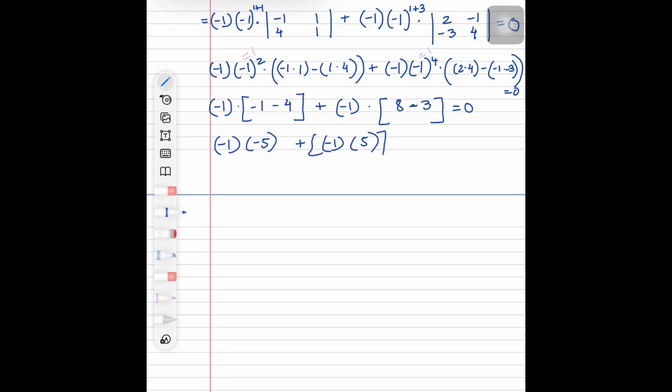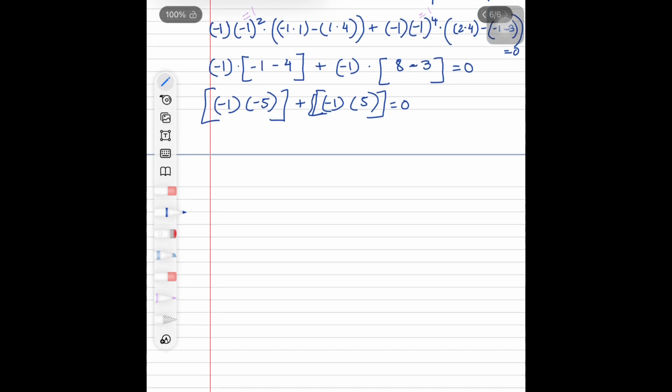So just remember that these are separate, so make sure you don't confuse them, because they're going to change the calculations if you do that.